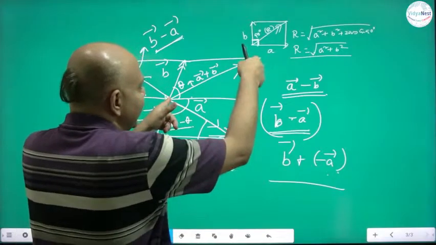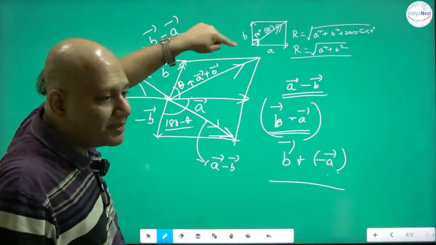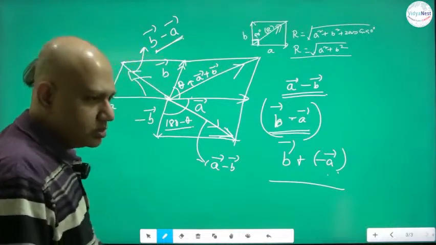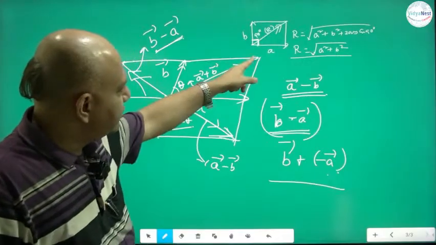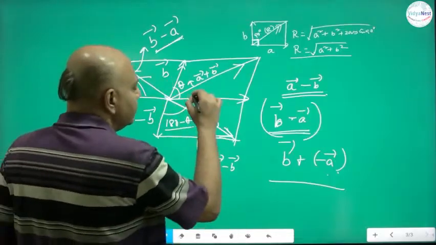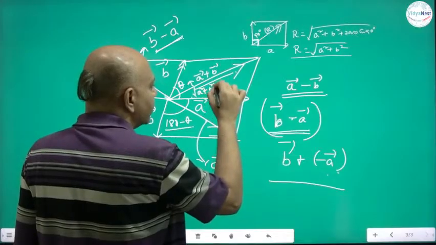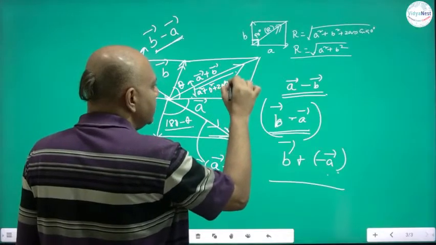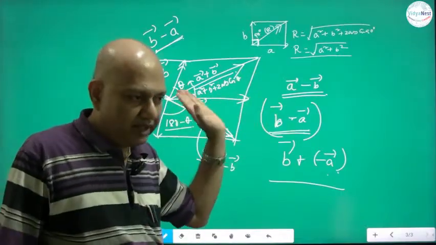Because for vector A plus B, what is the magnitude? Root of A square plus B square plus 2AB cos theta. Already we have seen how to derive this.